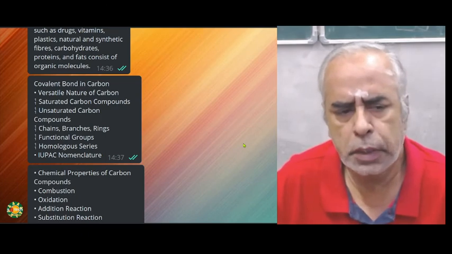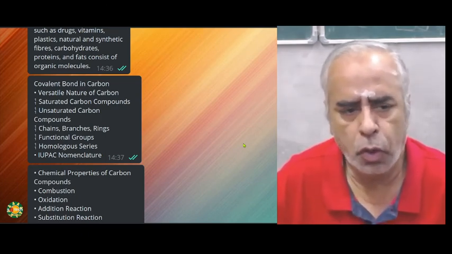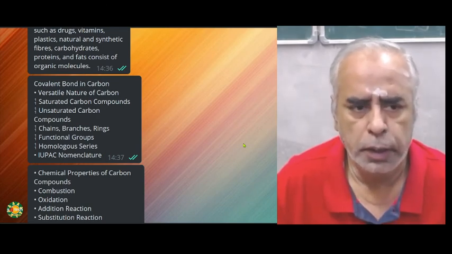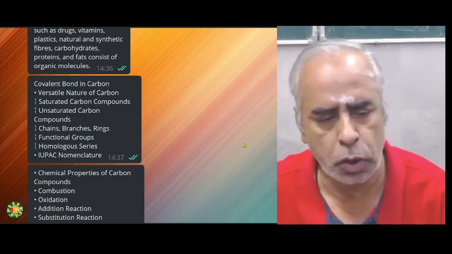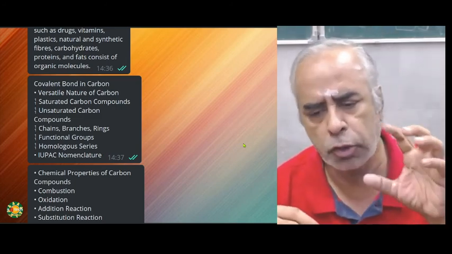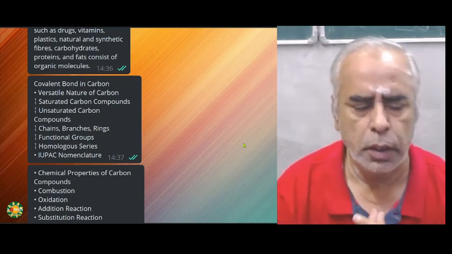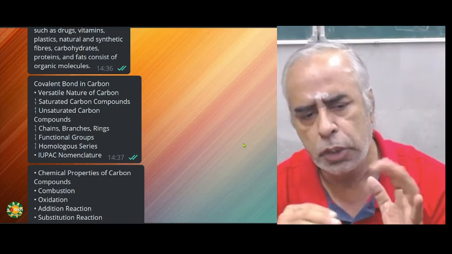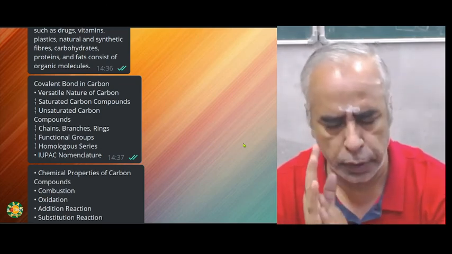And we will be discussing in this chapter the covalent nature of the covalent bond in carbon and the versatile nature of carbon, and we'll be discussing saturated hydrocarbons and unsaturated hydrocarbons. Then various compounds like chains, branches, various structures, rings.